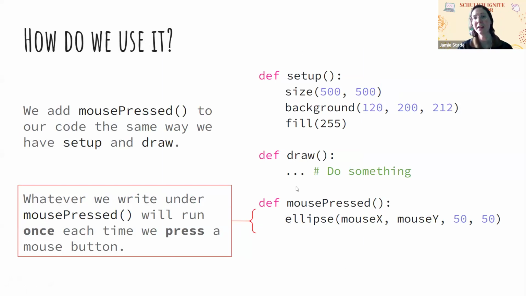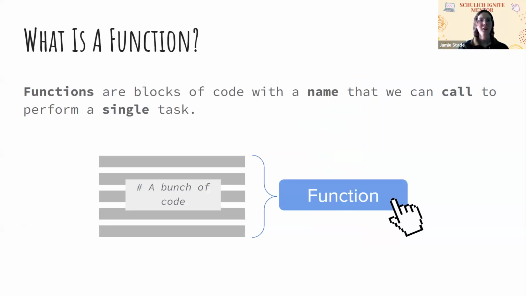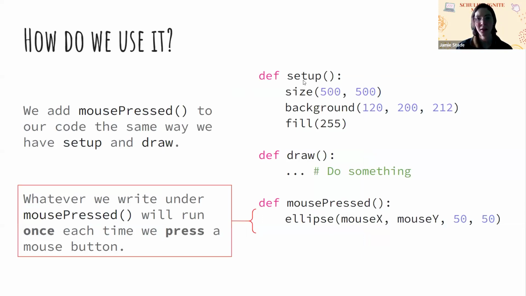Okay, so all three of these are examples of functions that we can create and define. So let's look at some other uses of functions. As we know, a function is a block of code with a name that we can call that performs a single task. As we saw before, setup, draw, mouse pressed, these are all functions in that they have names.